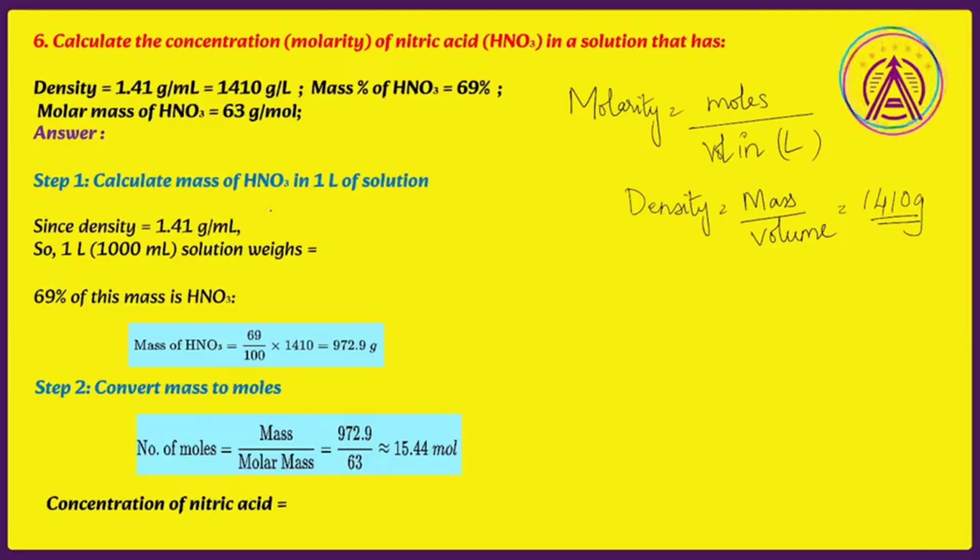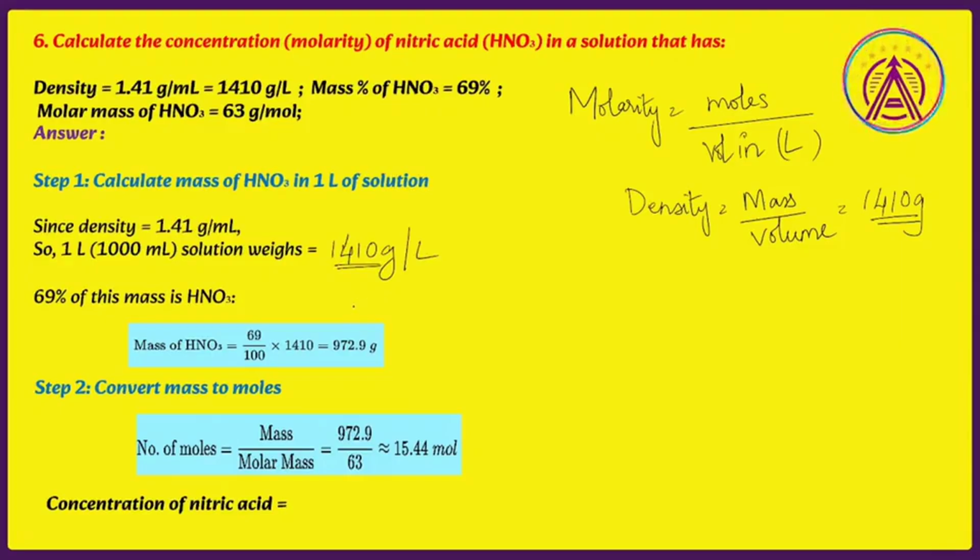So see, since the density is 1.41 grams per ml, this is in 1 ml. So in 1000 ml, I multiply by 1000. So I get 1410 grams per liter, correct? So this is my density.